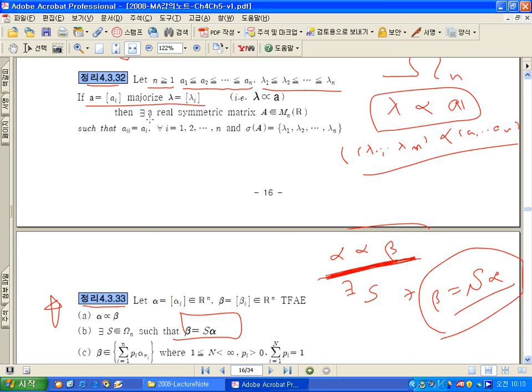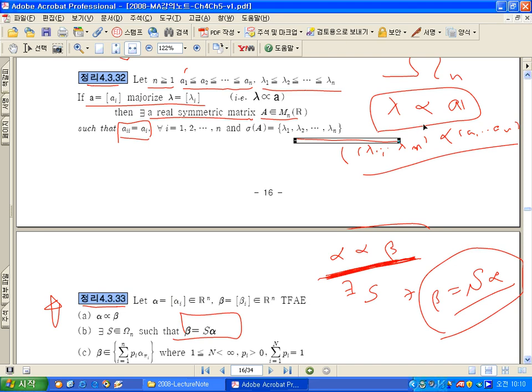Then there exists a real symmetric matrix A such that a_ii is equal to a_i, and the spectrum of A is the set of lambda_i's.